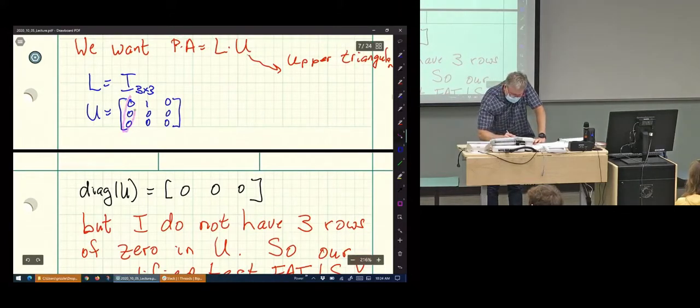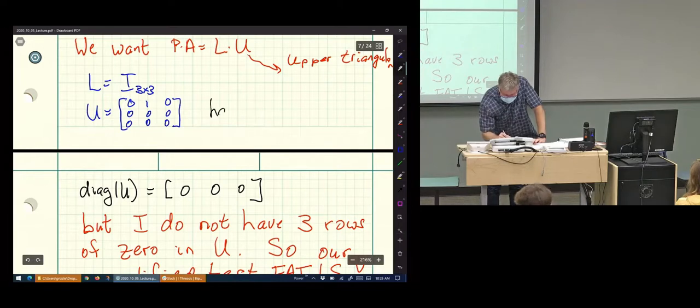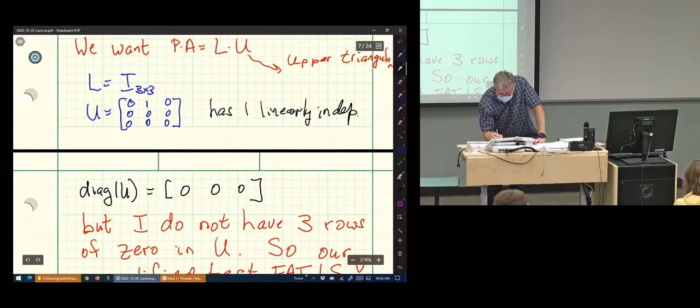Is this linearly independent? No. Is this? Yes, we have one. We add this to it, does it stay linearly independent? No, so one linearly independent column. Just like A, just like it's advertised to, one linearly independent column.